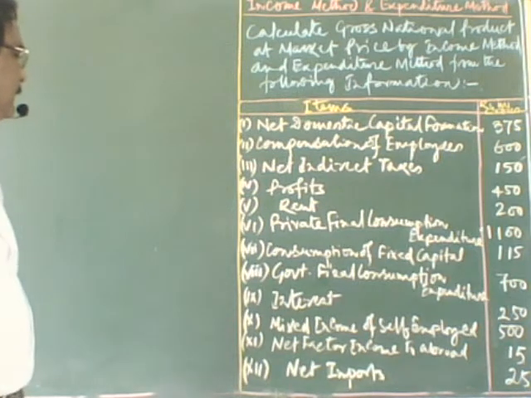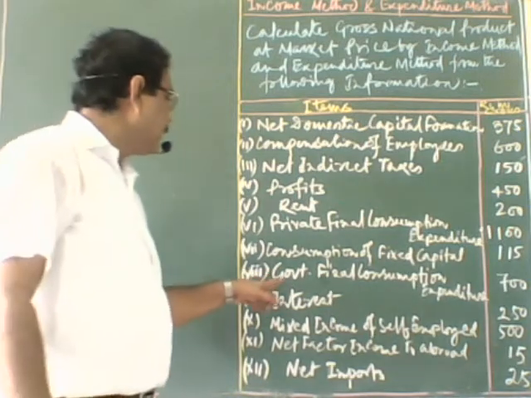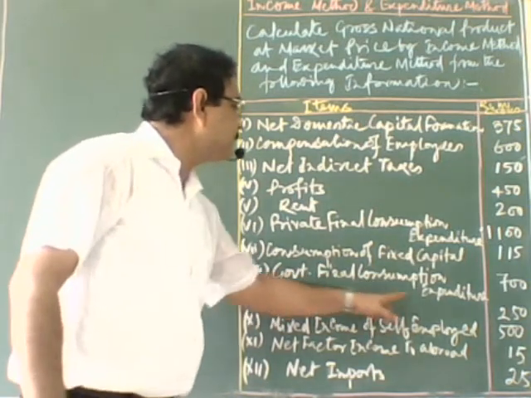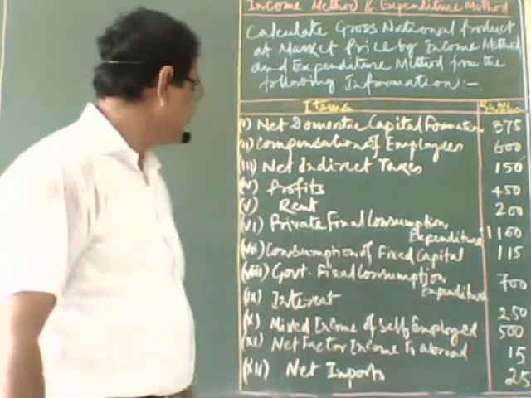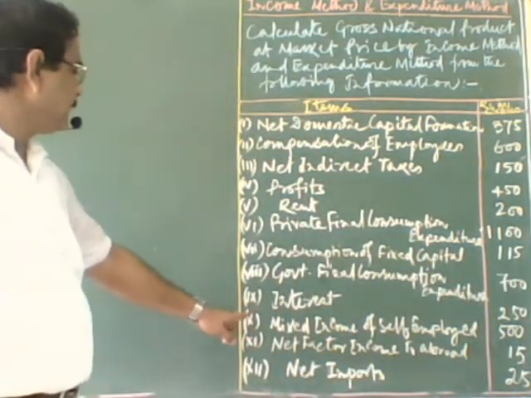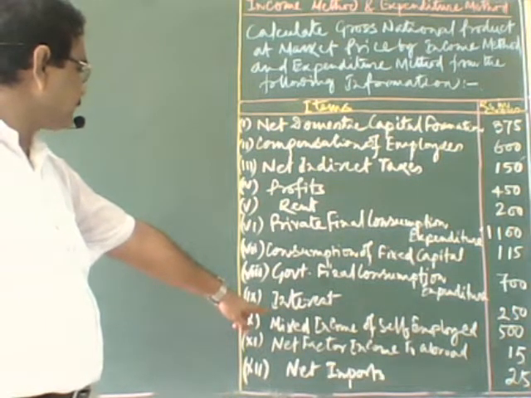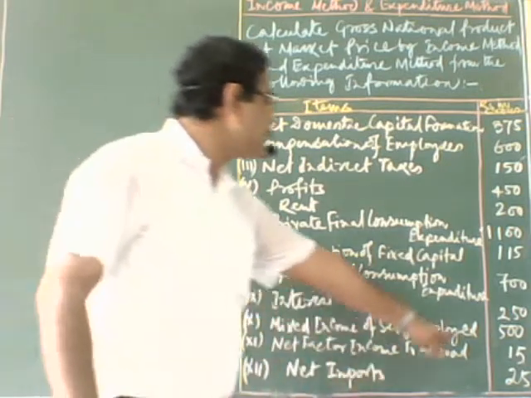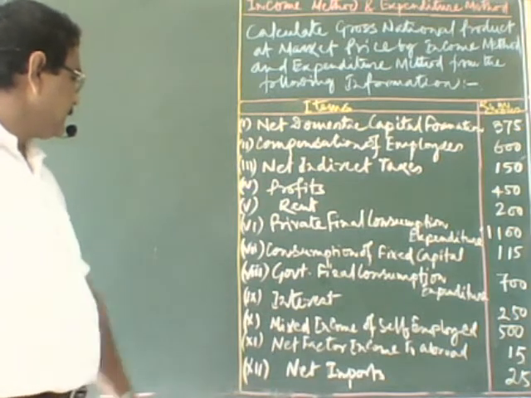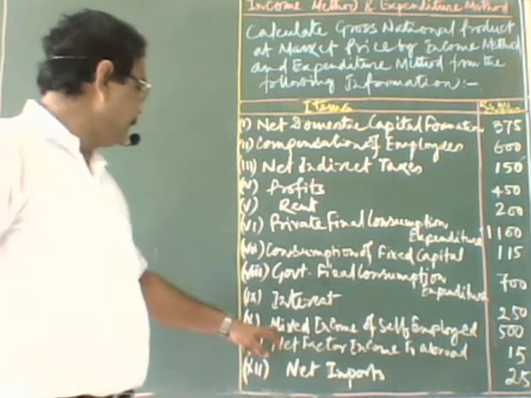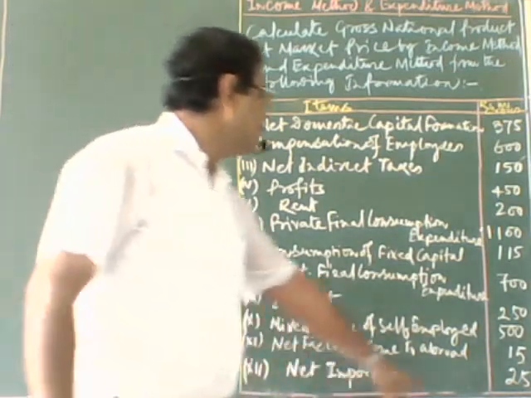Number eight, government final consumption expenditure, that value is 700. Number nine, interest, that value is 250. Number 10, mixed income of self-employed, that value is 500.